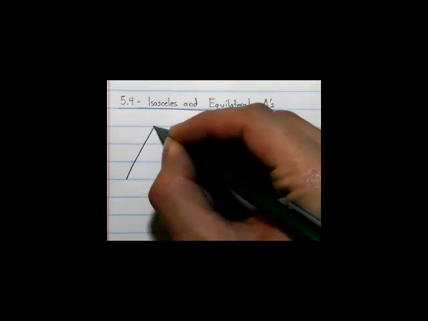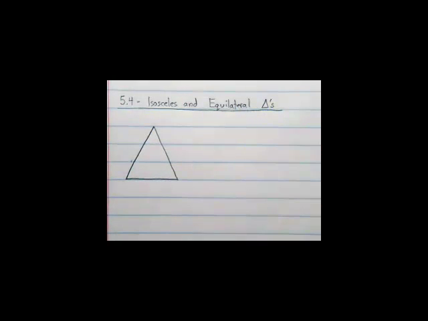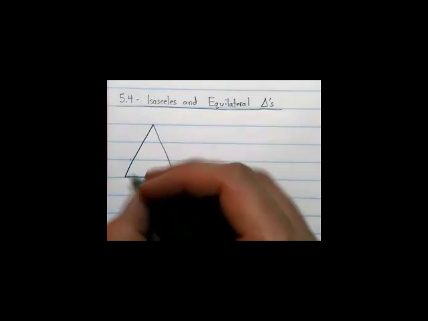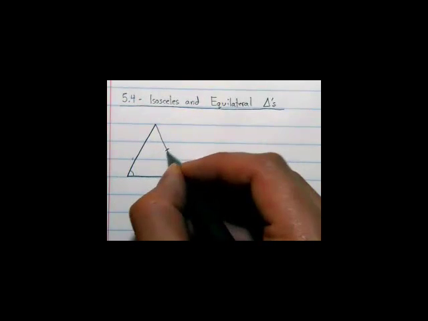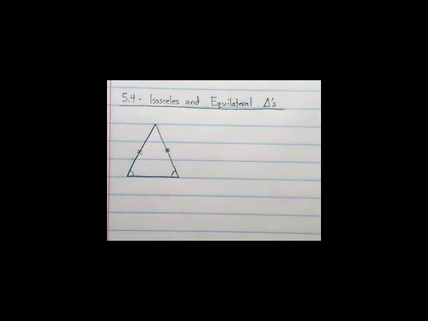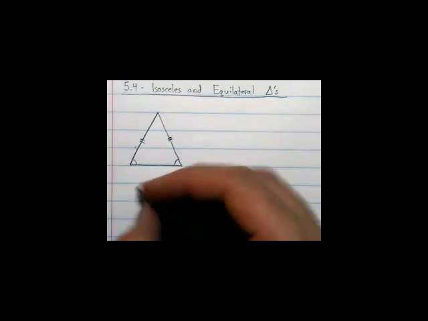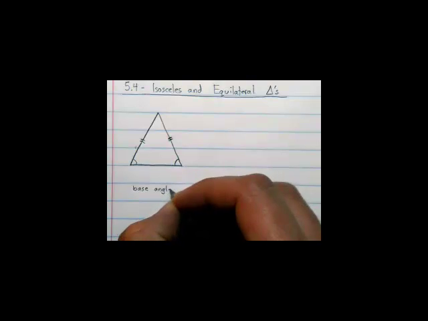So I'd like you to draw a triangle that looks pretty isosceles, something maybe like that. And we can go ahead and label on here where the congruent angles should be, where the congruent sides should be. And we already discussed it, but the two angles are called base angles.